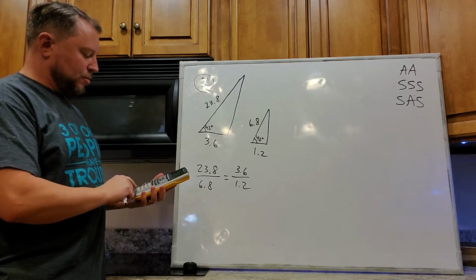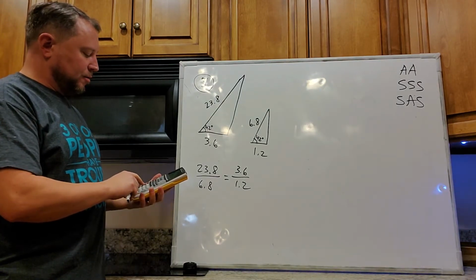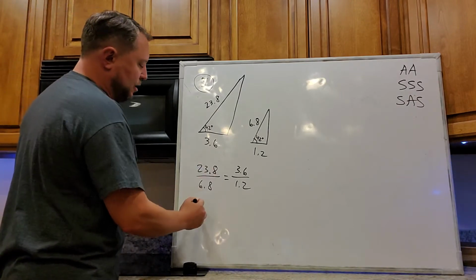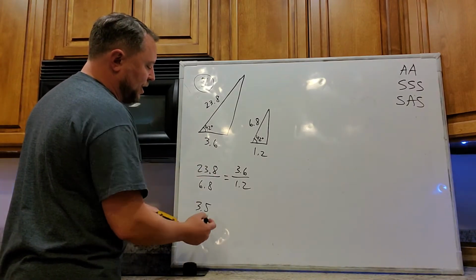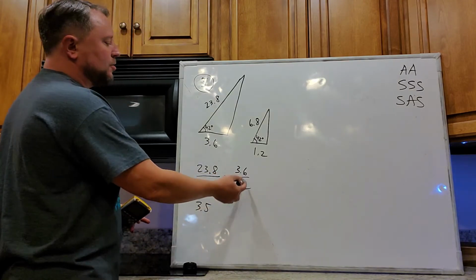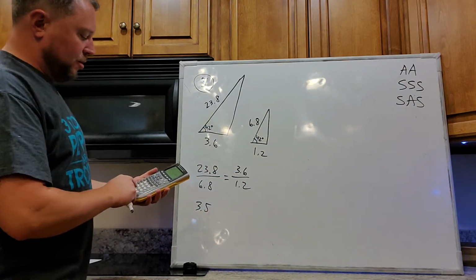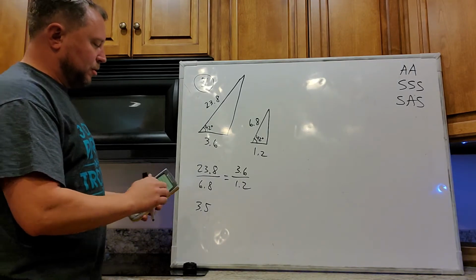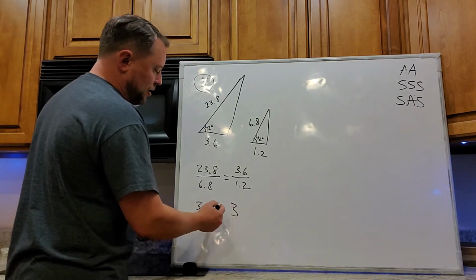So 23.8 divided by 6.8. This goes into here 3.5 times. So I'm hoping to get the same thing here. If you take 3.6, divide it by 1.2, that comes out to 3.